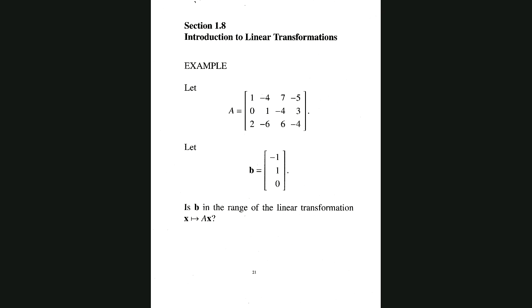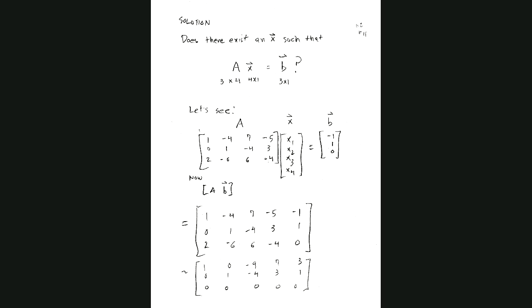Okay, so let's look at the solution. Is B in the range of, let me just go to the solution here. The question is, does there exist a vector x such that A times x equals B?